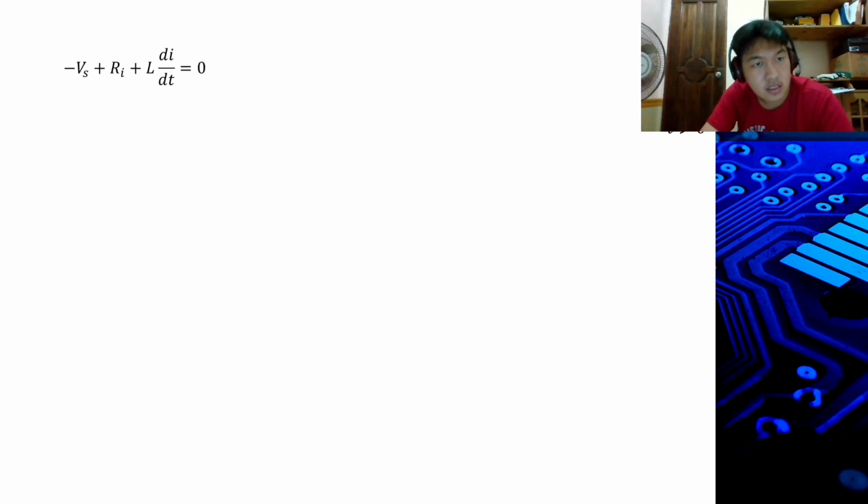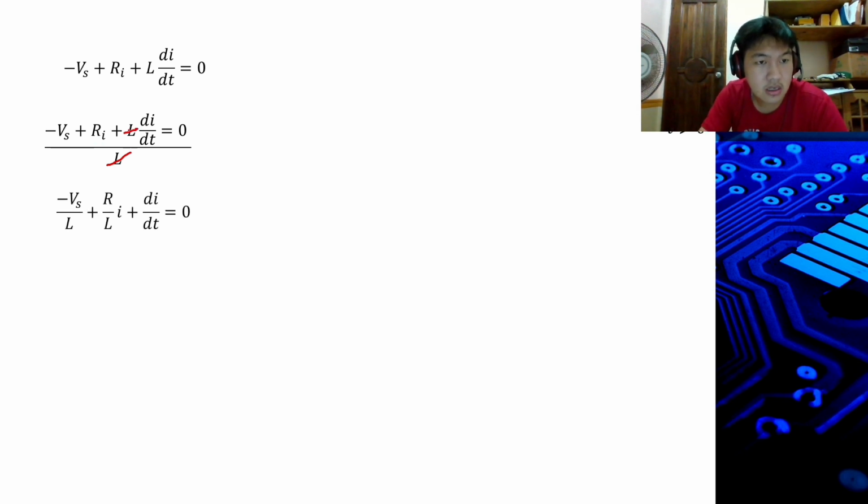So using this and ato nang divide ra sa L which is this one. So cancel ang L, ang bila na lang negative Vs over L plus R over L I plus di over dt which this one negative Vs over L transpose na dere kanina na.